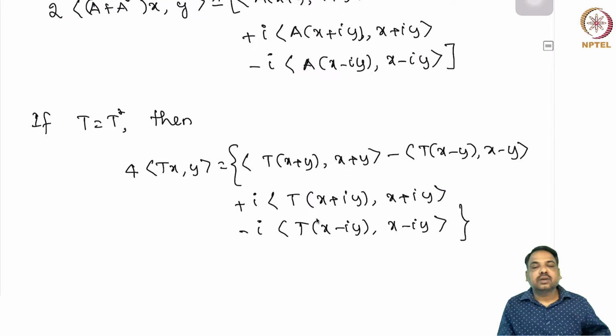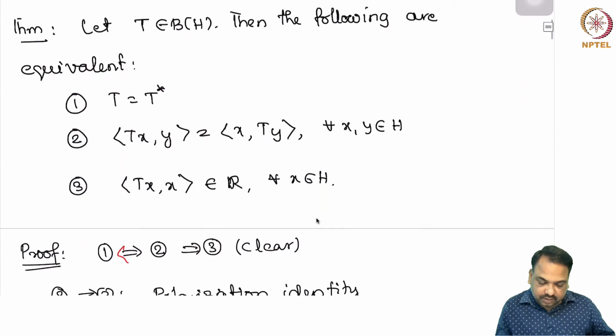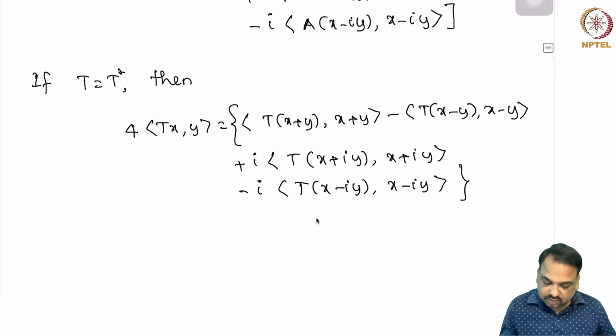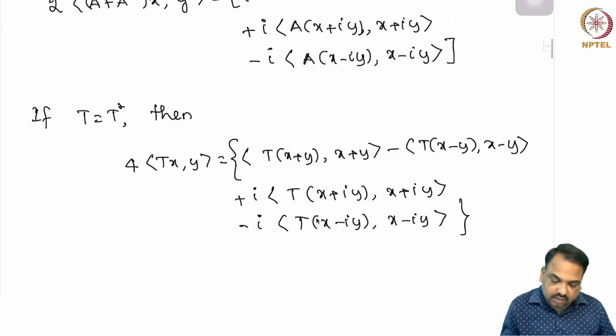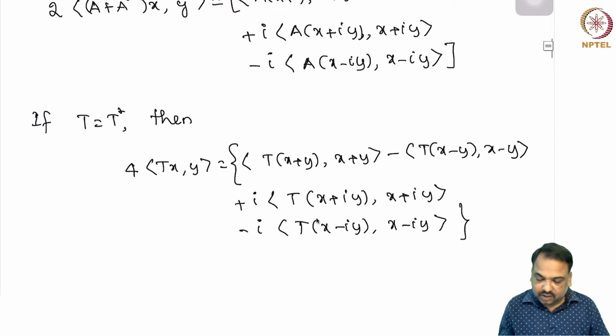Now from this we can conclude that the inner product of Tx with y equals the inner product of x with Ty. So from this, 3 implies 2 follows. So that is an easy verification.